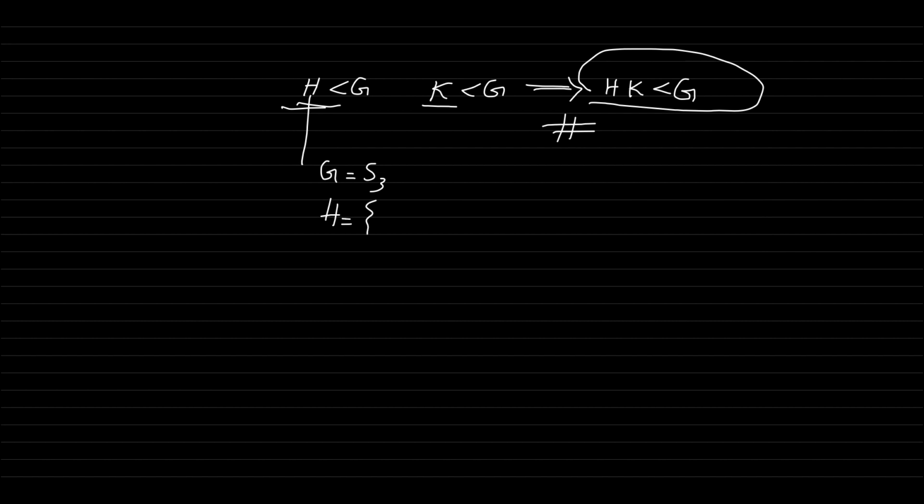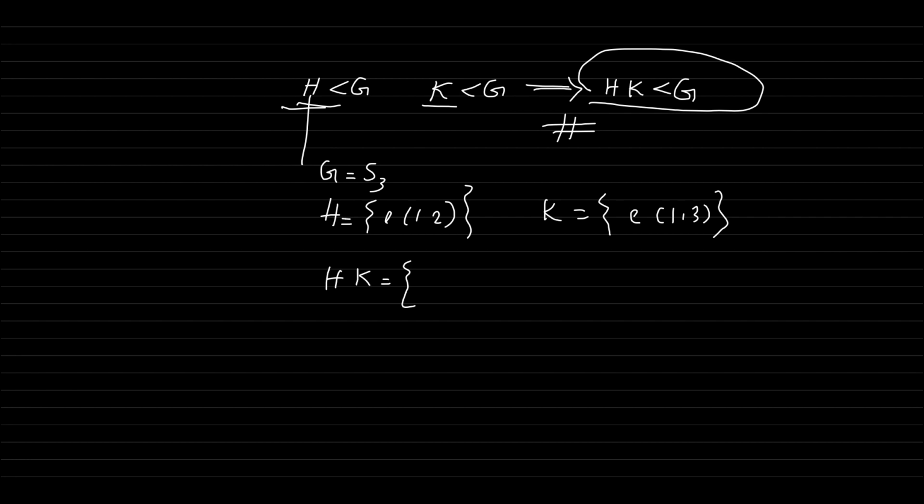consider G equal to S3 and let H be equal to identity and the cycle (1 2). This is a subgroup of S3. Now let K be equal to identity and (1 3). Now consider HK.